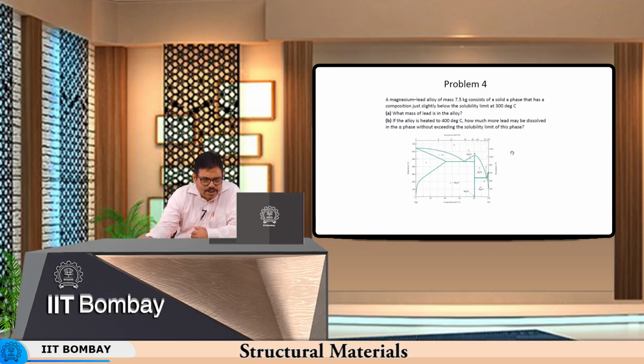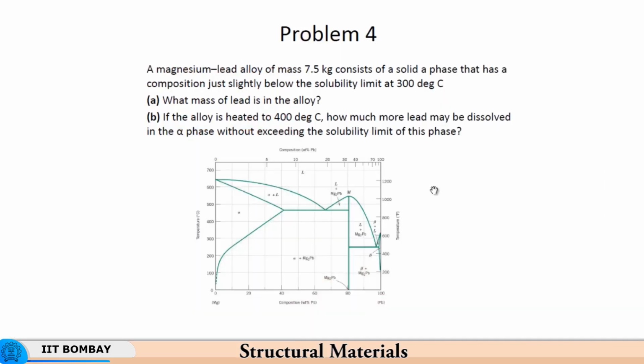As you reduce the temperature, more and more Mg2Pb gets developed, and then you have a combination of alpha plus eutectic, which can also form between alpha and Mg2Pb.